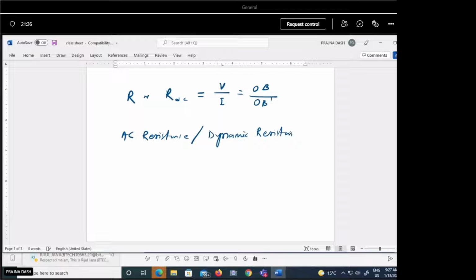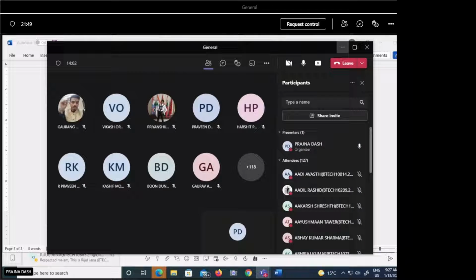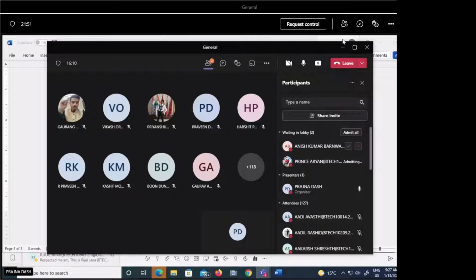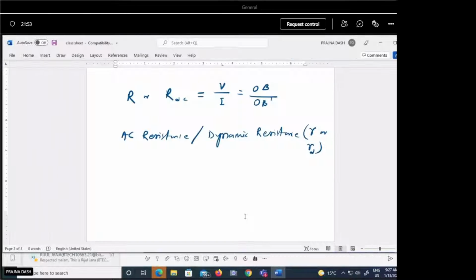It is usually represented as lowercase r, or sometimes as RD, dynamic resistance, or RAC. So how to calculate this? When we apply an AC signal, it is alternating current, so we have to consider the RMS value or average value, because AC current is not a fixed current.